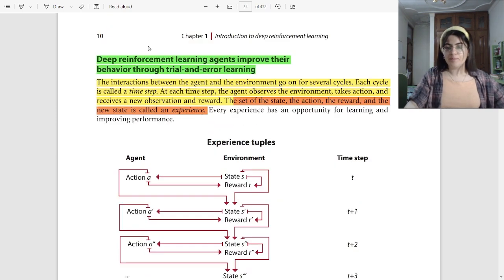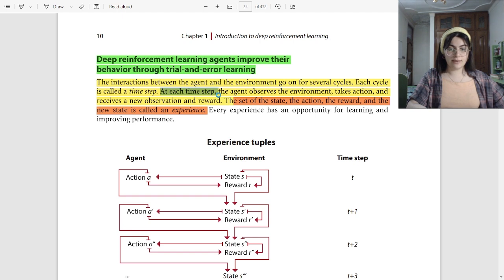So here we are. On the next page, it mentions that deep reinforcement learning agents improve their behavior through trial and error learning. This interaction between the agent and the environment goes on for several cycles. Each cycle is called a time step.